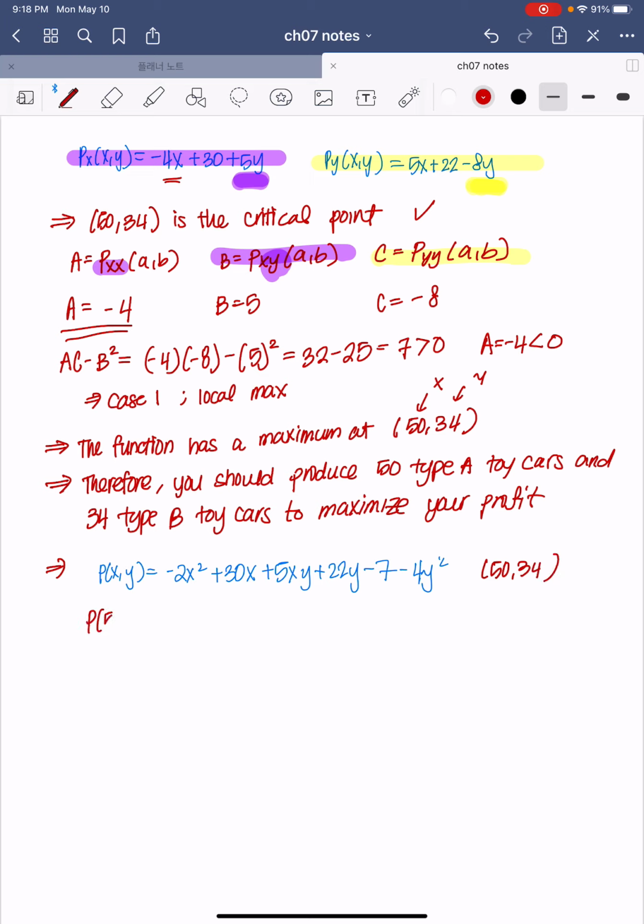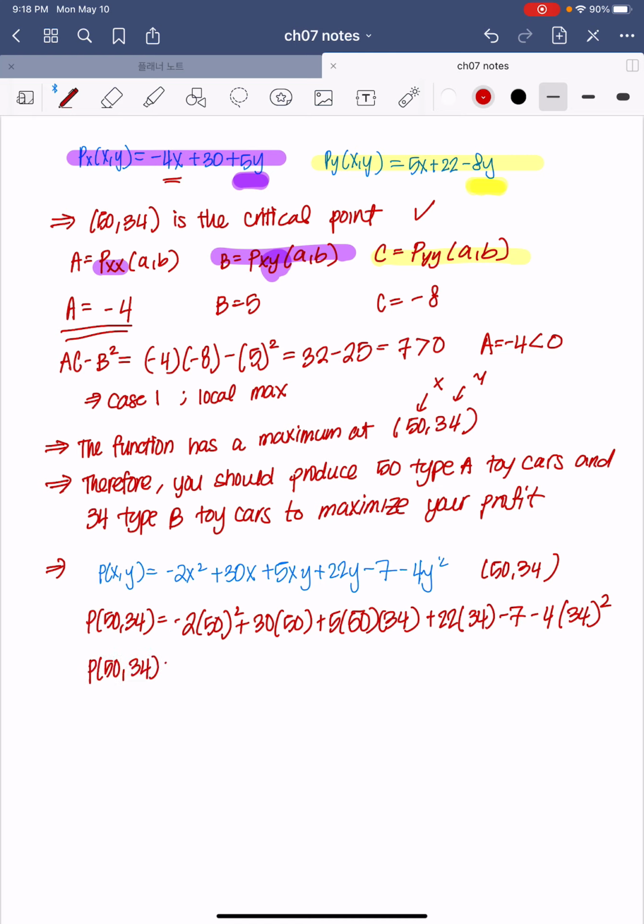So P of 50, 34 is negative 2 times 50 squared, plus 30 times 50, plus 5 times 50 times 34, plus 22y, which will be 34, minus 7, minus 4 times 34 squared. Okay, so plugging everything into a calculator, my final answer is $1,117.